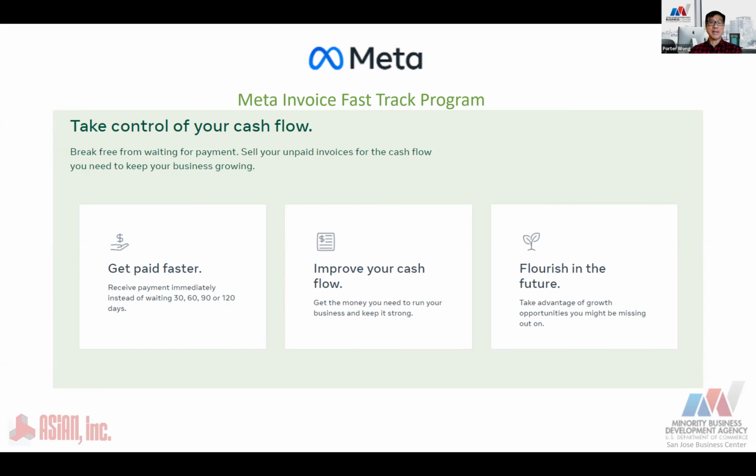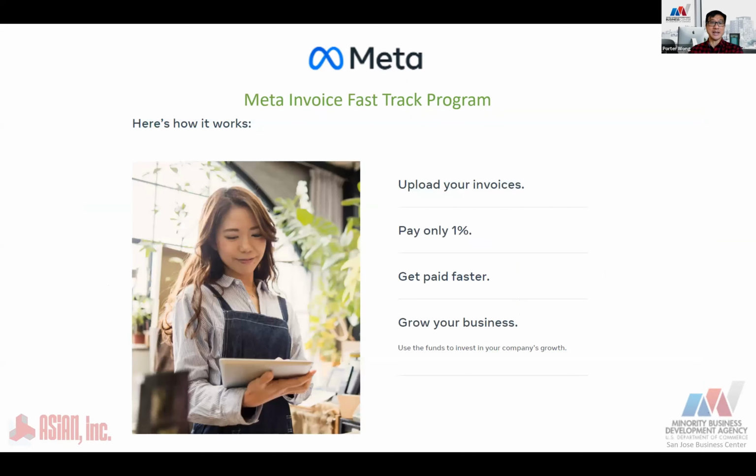Now, the program that Meta has works like this. First of all, you need to be accepted to the program. Once you're accepted, you just upload your invoice, and then you pay Meta 1%. It's basically just for the administration fees.